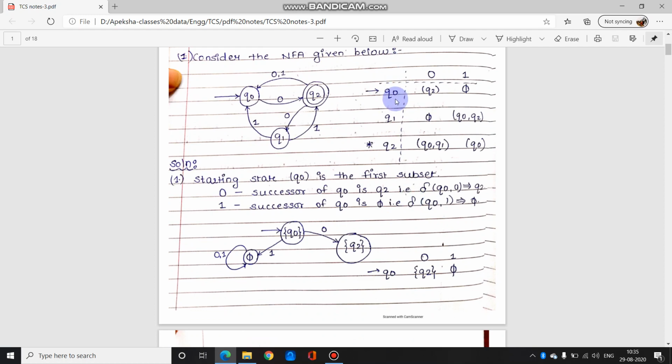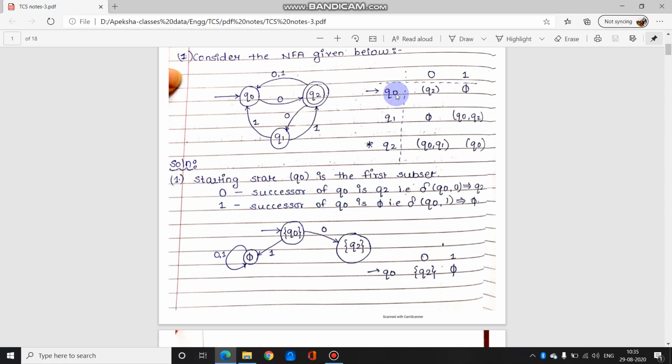So Q0, as I mentioned, is the starting state, so we'll start processing from this state itself. Thus the first step says, since it is the first state, it becomes our first subset. तो हर subset में, हर state में हमें सिर्फ दो ही inputs analyze करने हैं कि first अगर 0 input आता है then how do we proceed, या 1 input आता है तो how do we proceed. तो यहाँ पे it is like crystal clear. Q0 state में if it is 0, the successor of Q0 is Q2.